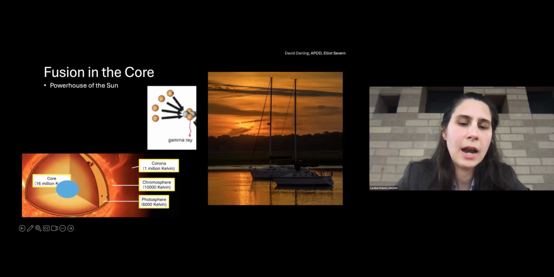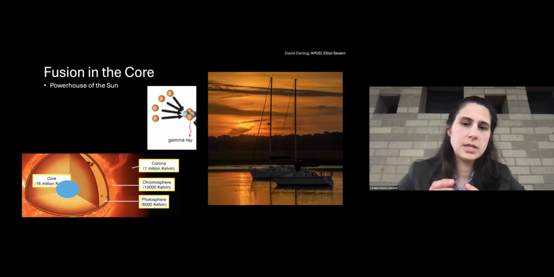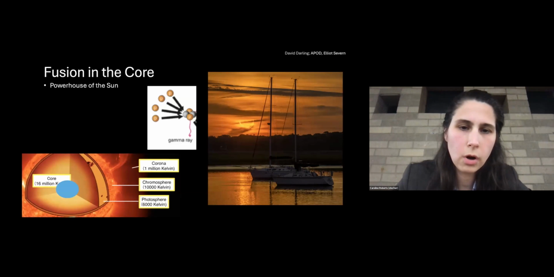Protons and hydrogen atoms, four of them get smushed together under tremendous gravity to create helium elements. And that process produces energetic light. And that light escapes out from the core and travels through upper layers of the sun until it can finally escape and go through the solar system to us on Earth.